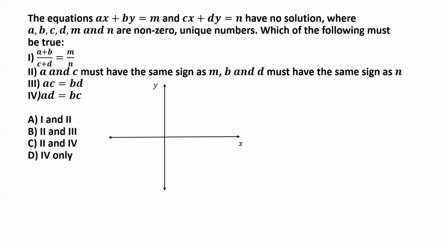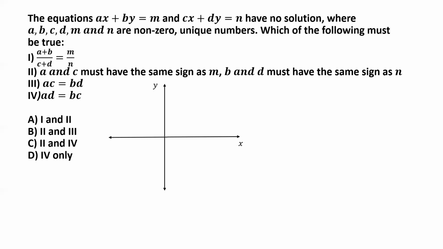We will first consider the case when they do have a solution, because that will make it easier to understand the criteria when two linear equations don't have a solution.